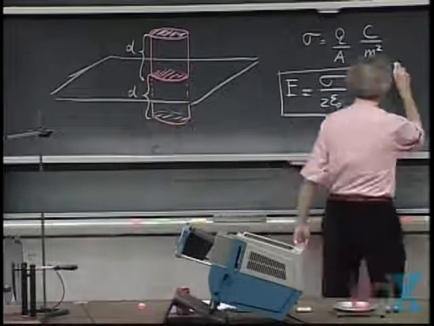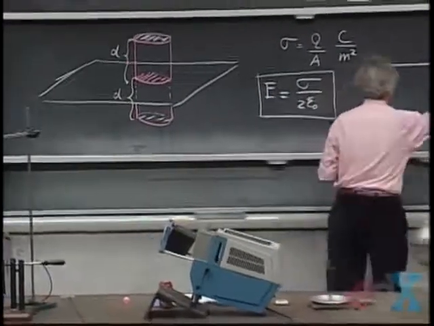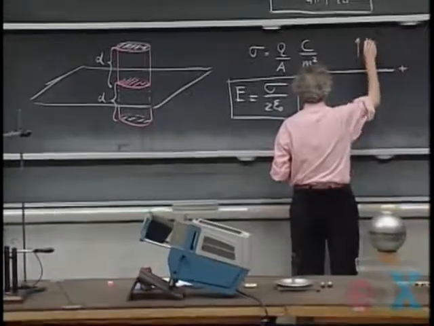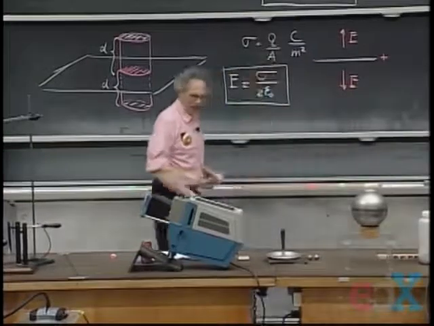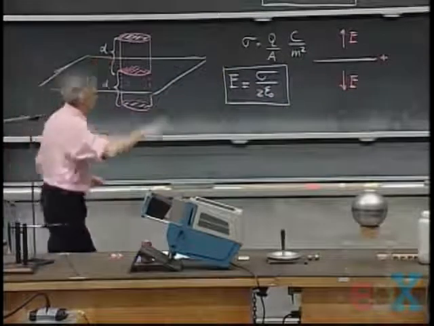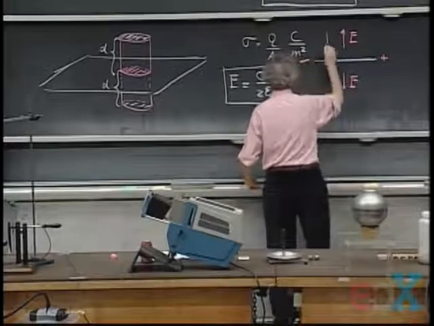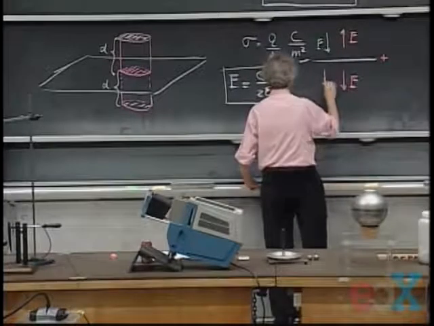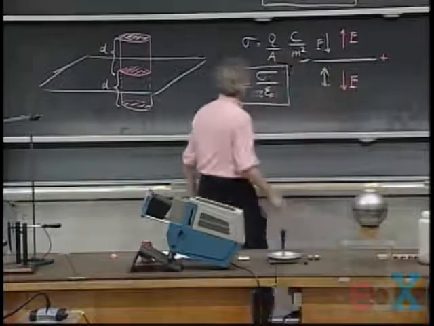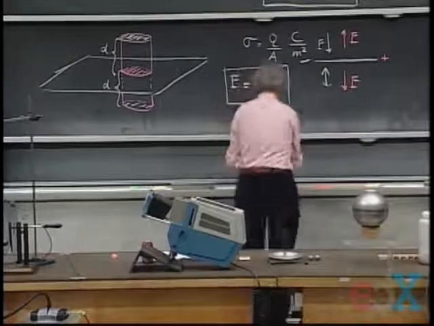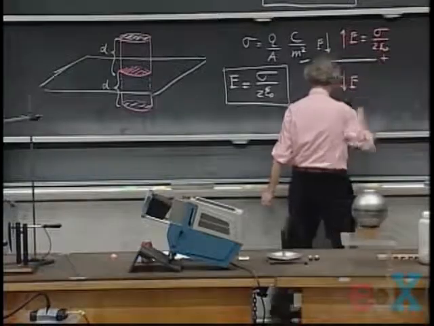So if this is that plane, and if the plane is positively charged, then E would be like this here, and E would be like this here, and it would be independent of distance. And if it is negatively charged, the E would be like so, pointing towards the plane, and in all cases the magnitude would be sigma divided by 2 epsilon 0.